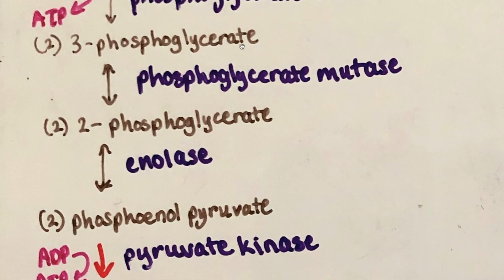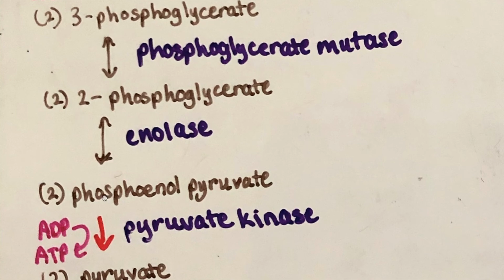The 3-phosphoglycerate becomes 2-phosphoglycerate via phosphoglycerate mutase, and 2-phosphoglycerate becomes phosphoenolpyruvate via enolase. And the final step, phosphoenolpyruvate becomes pyruvate via pyruvate kinase in an irreversible step, also forming ATP and a total of 2 ATP, which I'll write in at the very end.